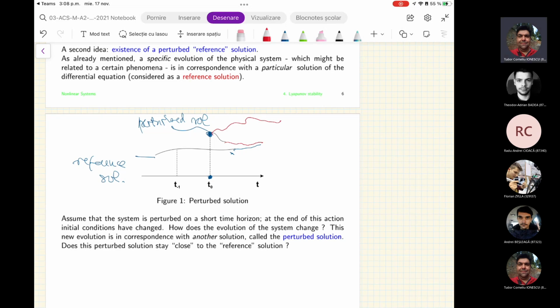For many nonlinear systems, we have the so-called equilibrium. What is the equilibrium of a nonlinear system in terms of solution?